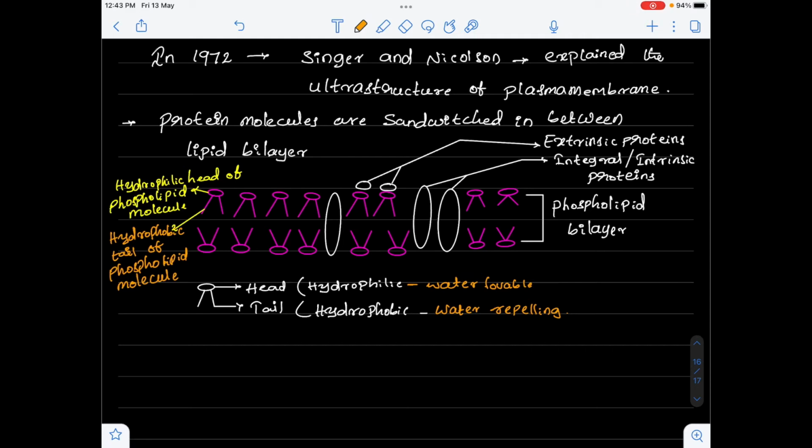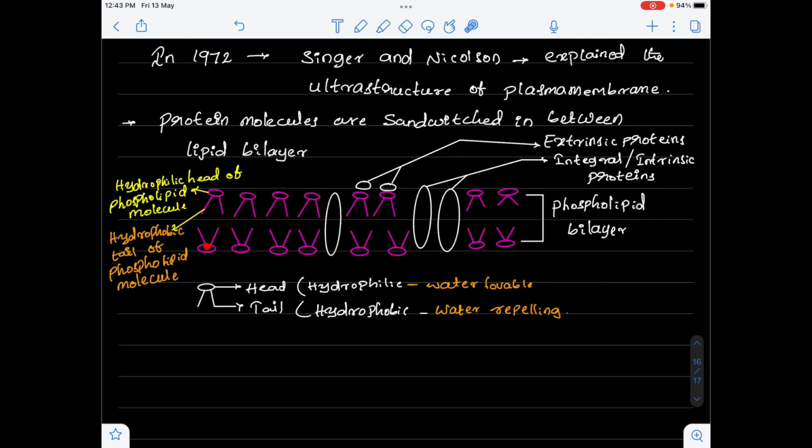Sir, what is the main function of this plasma membrane? It helps in the exchange of nutrients, that is between the adjacent cells or inside the cell cytoplasm and outside the cell. But here, when we see the hydrophilic head of the phospholipid molecule, it allows the water to pass through the plasma membrane, but when the water reaches these tail regions, it is hydrophobic in nature, so it will not allow the passage of water.